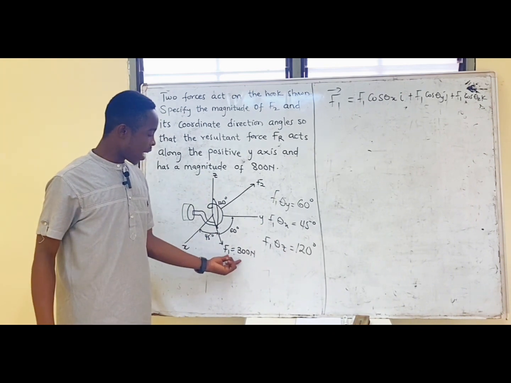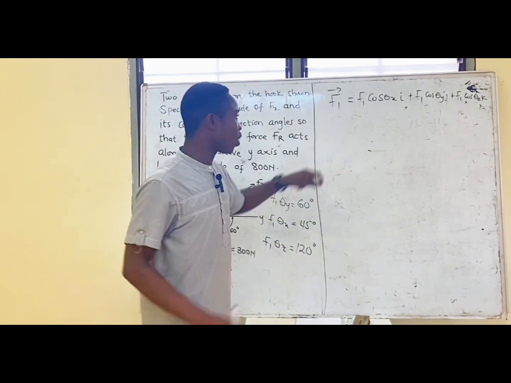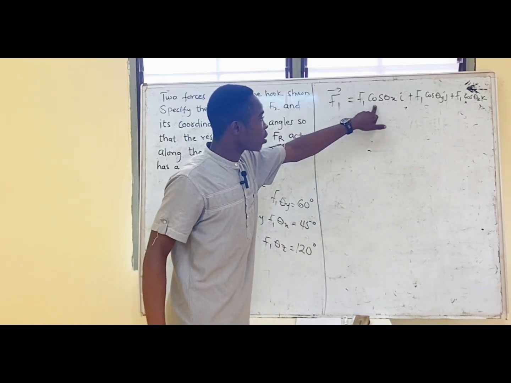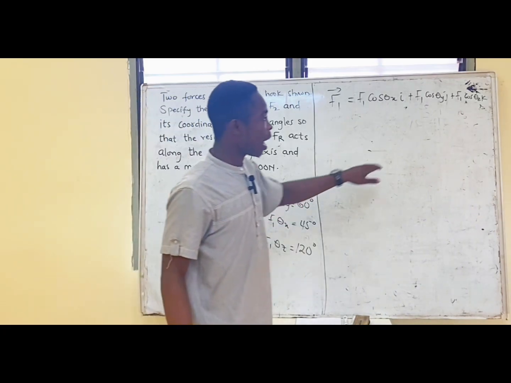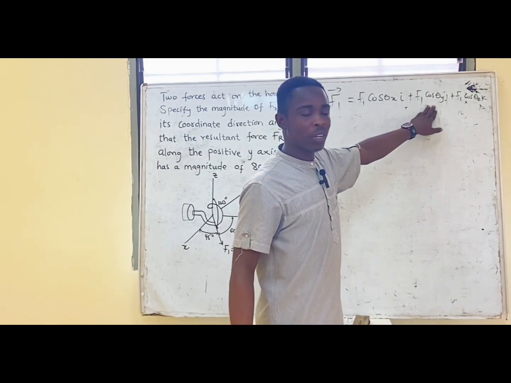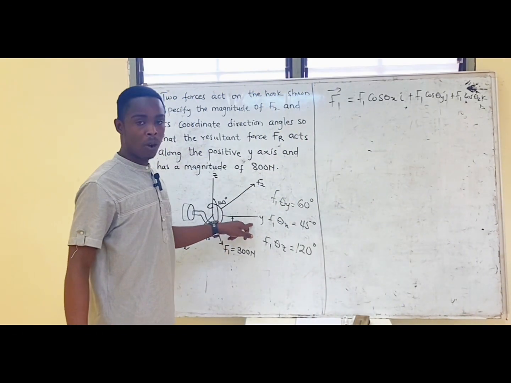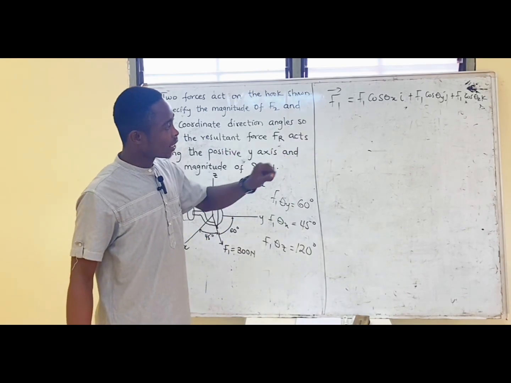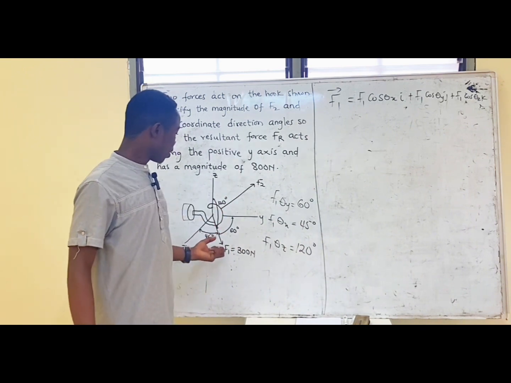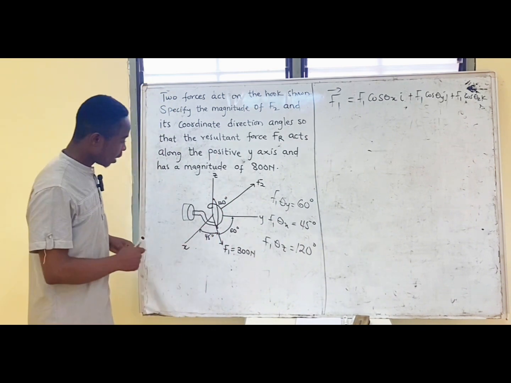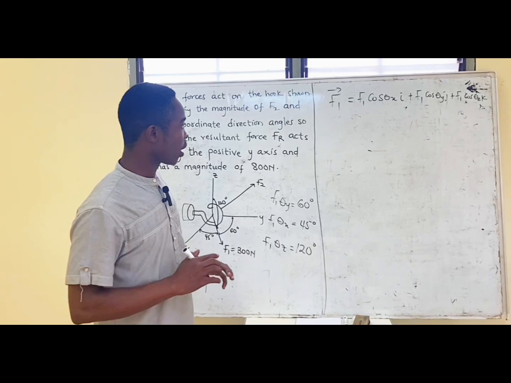For the x component, it is the magnitude of the force F1, then cos of the angle F1 makes with the x-axis. The same thing applies to the y component, which is F1 cos the angle F1 makes with the y, and the z component too is F1 cos the angle F1 makes with the z axis. Please, I hope you are with me. Follow suit and you will be okay with that.